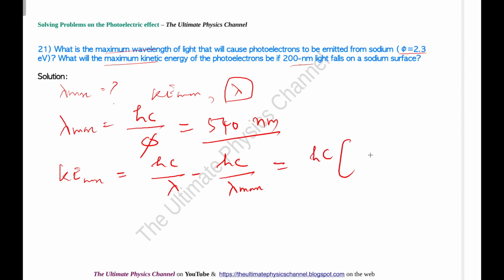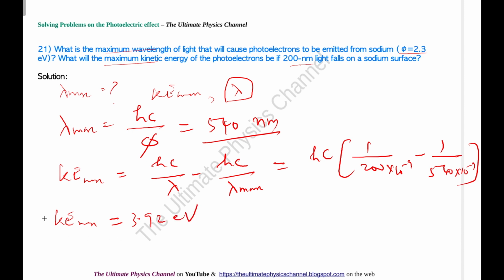So hc times 1 over 200 into 10 power minus 9 minus 1 over 540 into 10 power minus 9. If you work this out, you would get the maximum kinetic energy to be 3.92 eV. That's the final answer.